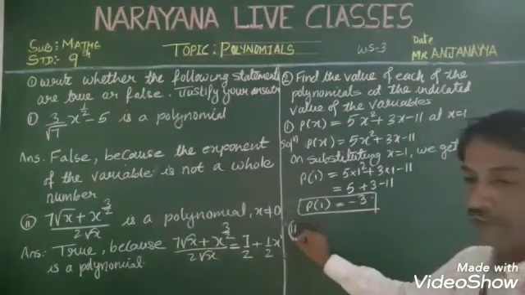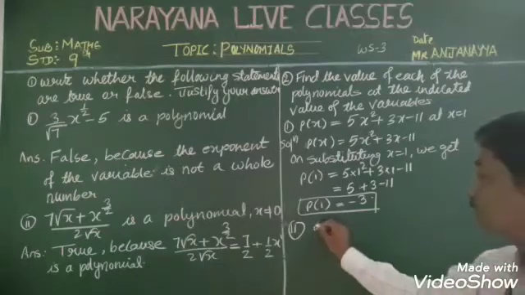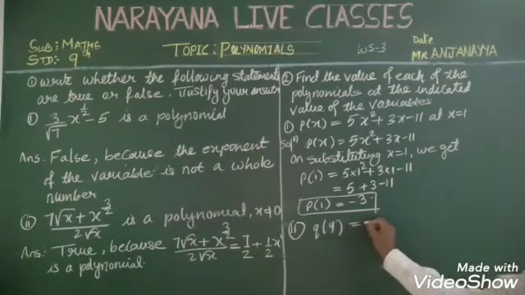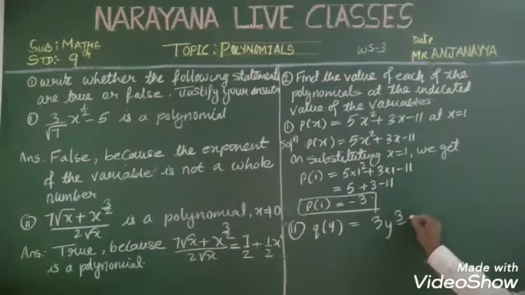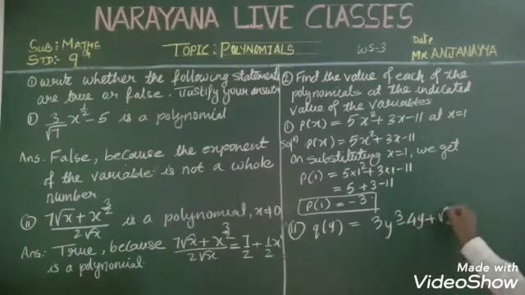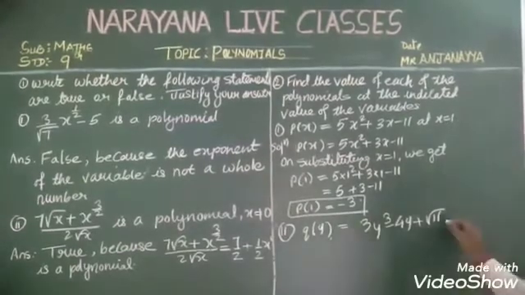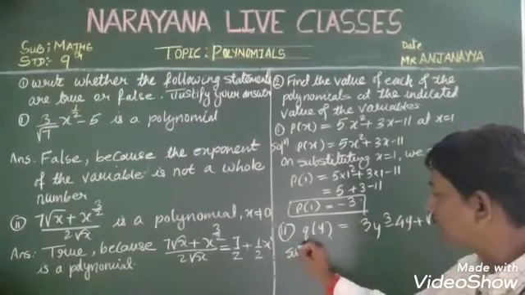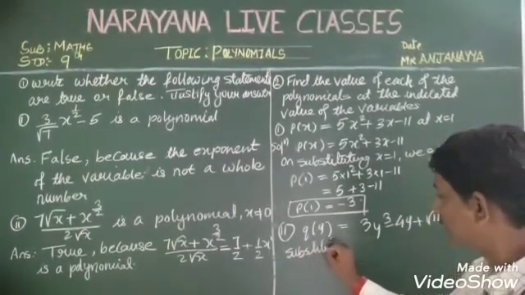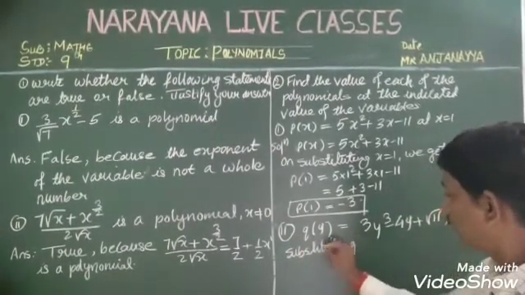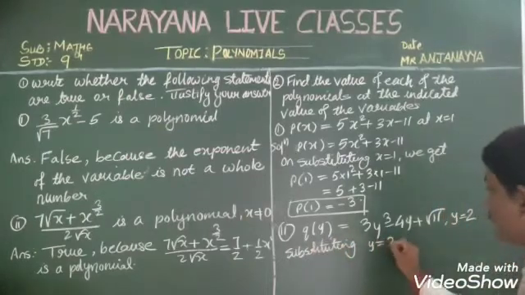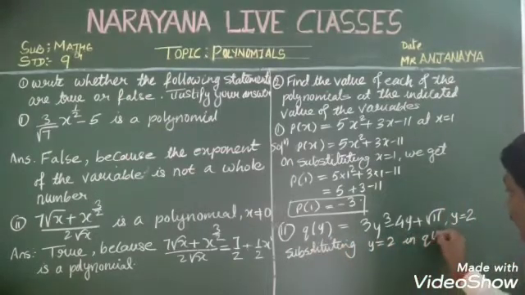Now for the second question, it is given as q of y is equal to 3y cube minus 4y plus root 11, and the value for y is 2. Now what I do is substitute y is equal to 2 in q of y.